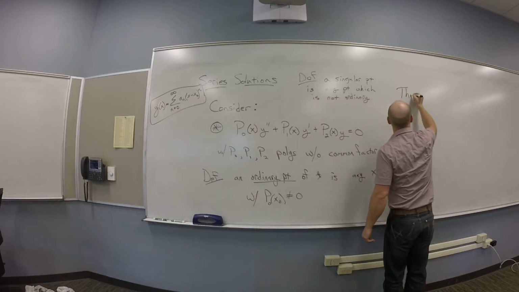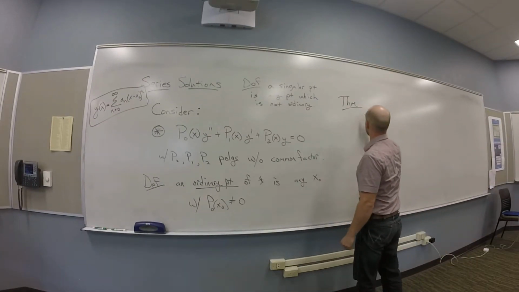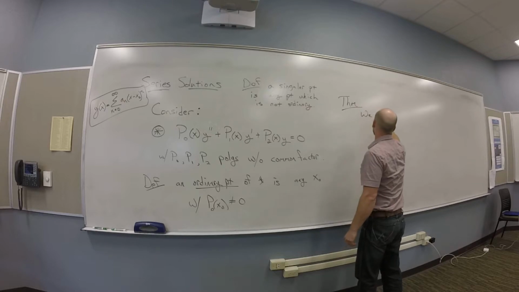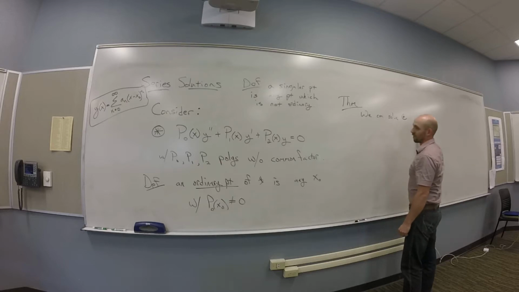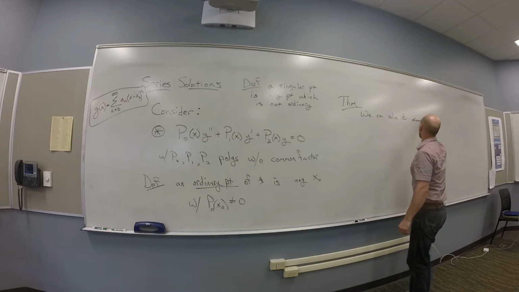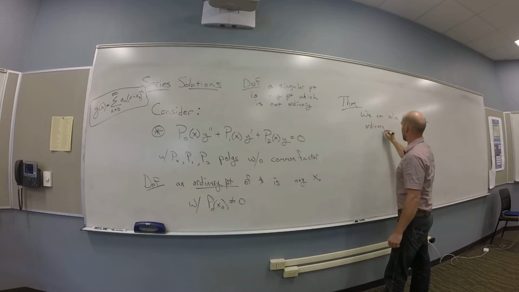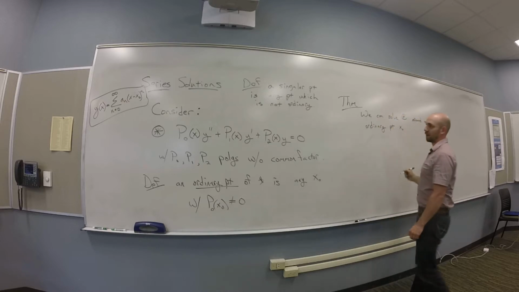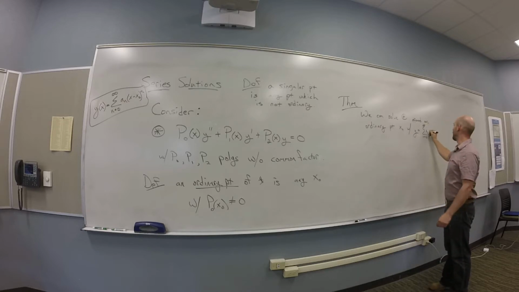So, little theorem: we can solve star around an ordinary point x naught with y equals the sum from n is 0 to infinity of a n times x minus x naught to the n.